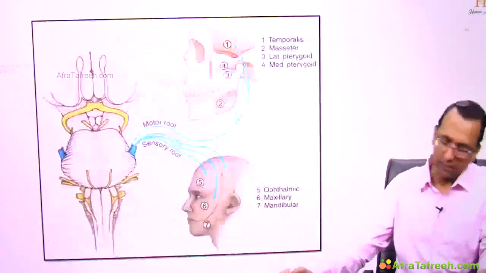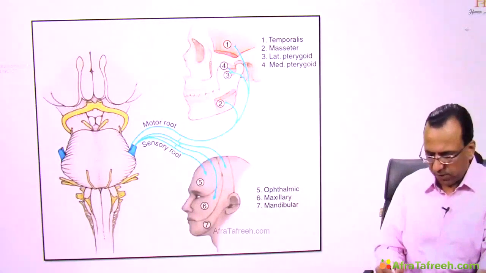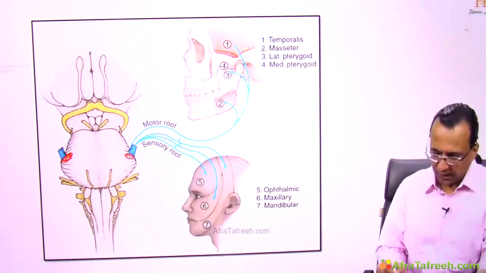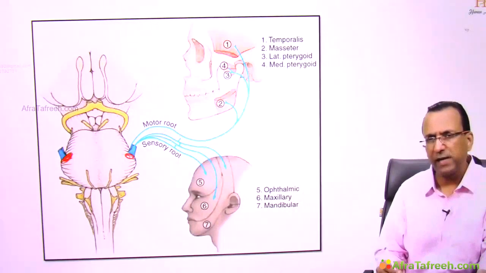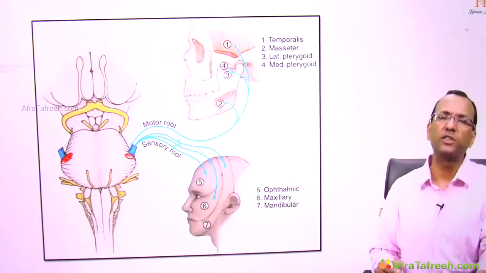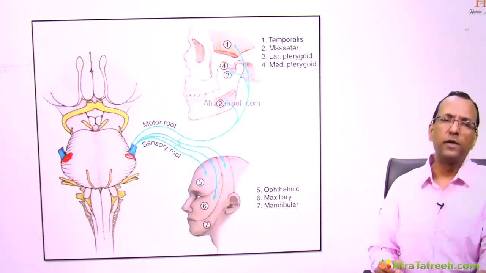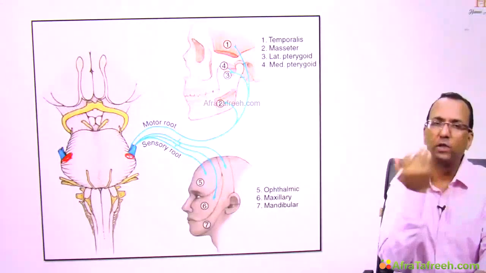What else will be the problem if the trigeminal nerve is damaged? First of all, the trigeminal nerve comes from the pons and it is a sensory motor nerve. The mandibular nerve is a mixed nerve supplying the muscles of mastication and sensation also, on the skin of the mandible and the anterior 2/3 of the tongue.